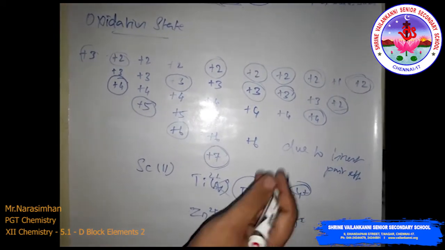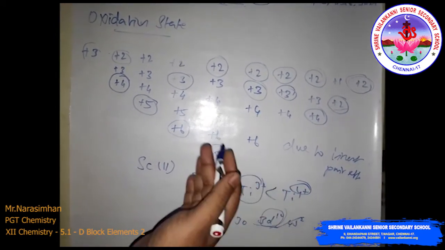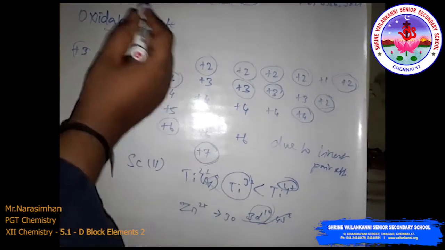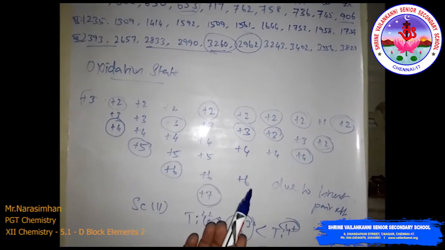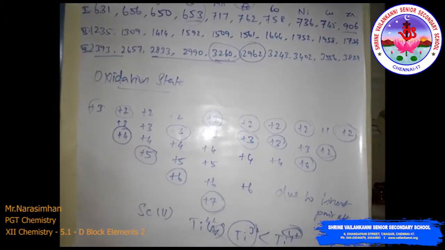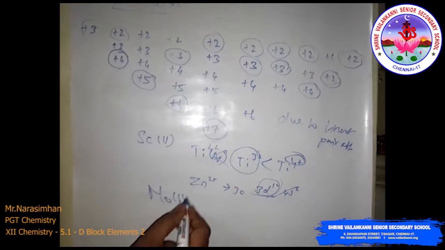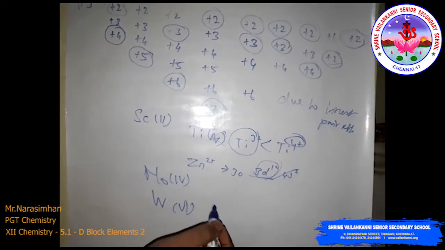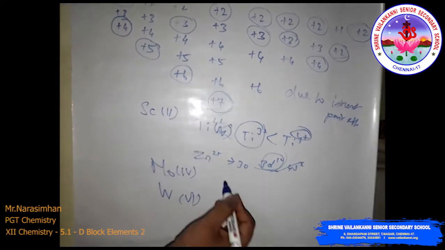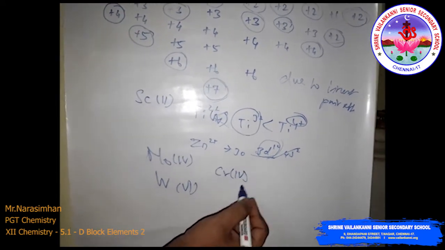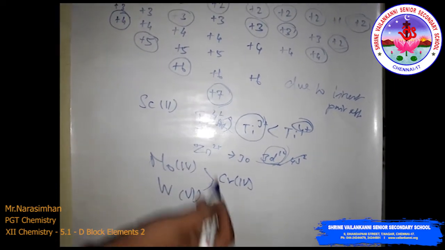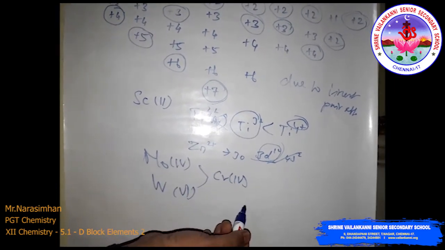Now the opposite in the groups of d elements. For example, group 6, in the next series, the 4d series: molybdenum and tungsten. Mo(VI) and W(VI) are found to be more stable than Cr(VI), going from the 3d to the 4d series.